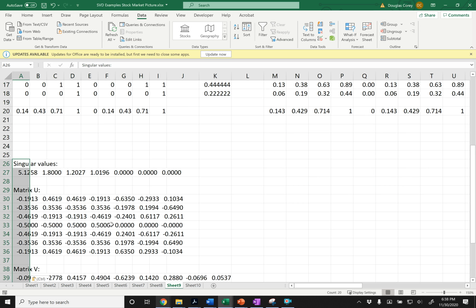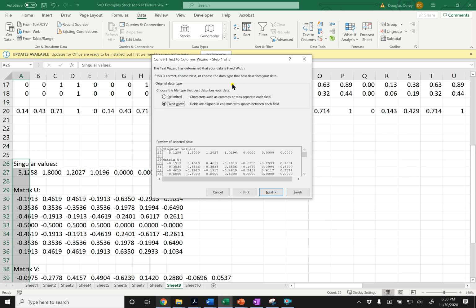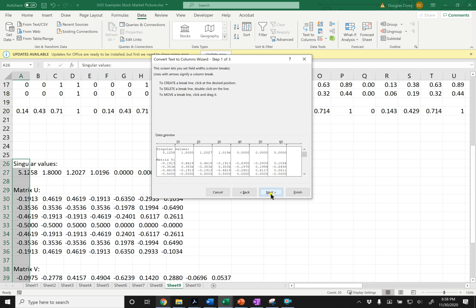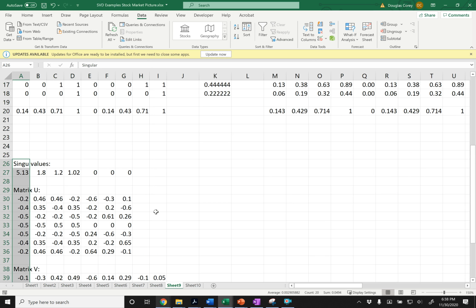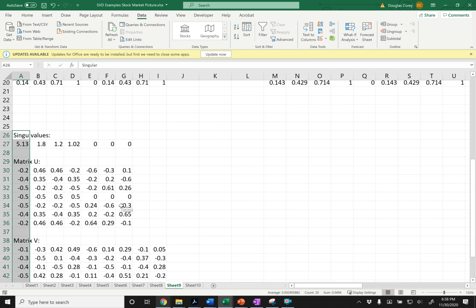These didn't go into the cells, so I'm going to do a quick text to columns, and okay, now I have those in actual cells, so I can deal with them.